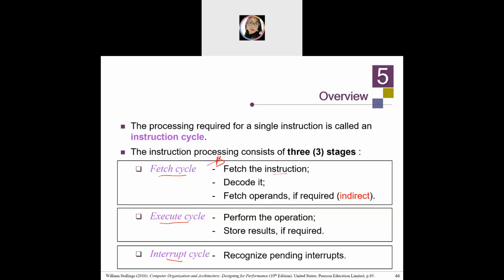It's also used for decode, and another one, fetch operand if it is indirect for the instruction given. Second one, execute cycle, which is to perform the operations and also store the result if required. And lastly, interrupt cycle, which is to recognize pending interrupt.